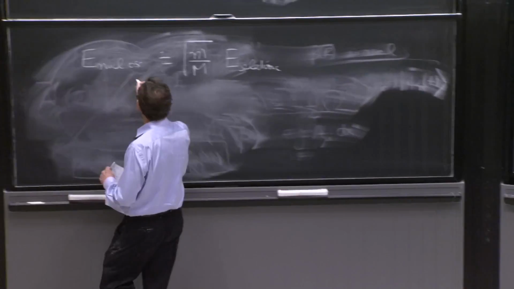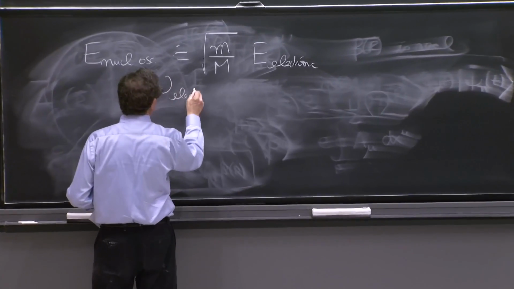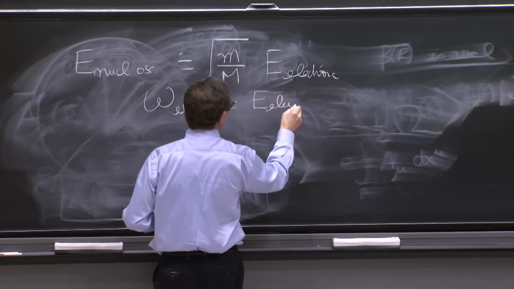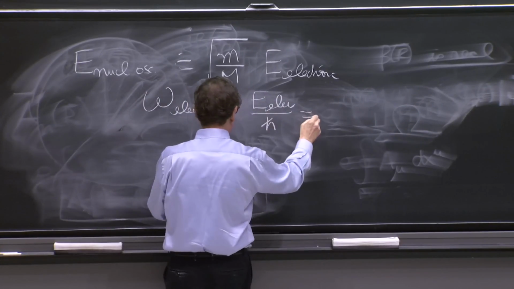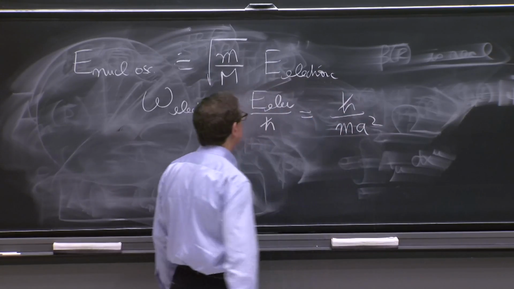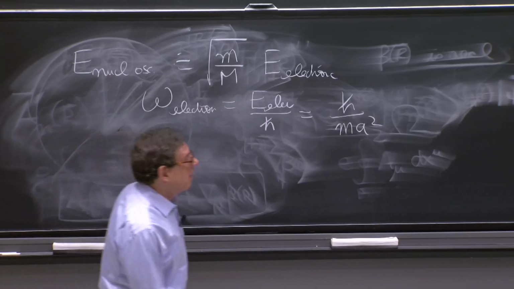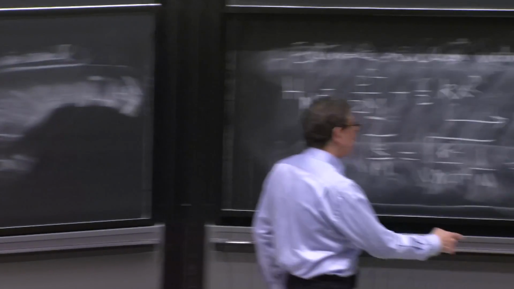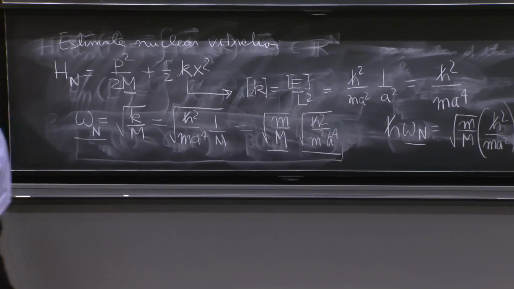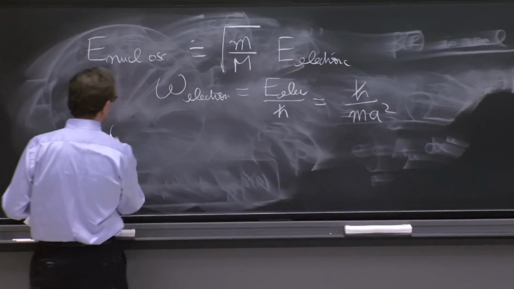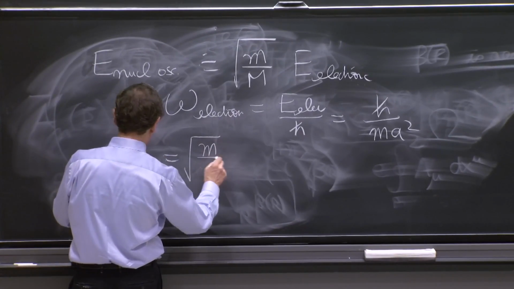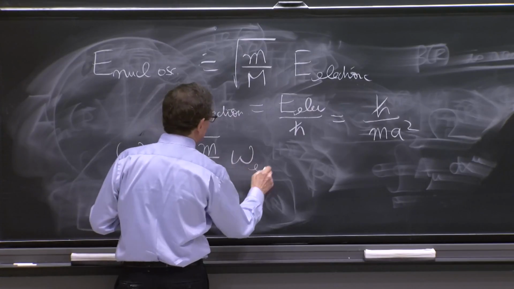The omega electronic for vibrations is the electronic energy divided by h bar, and it's h bar over m a squared. But here, we see that that's precisely that square root. So the omega nuclear is equal to square root of little m over M times omega electronic.